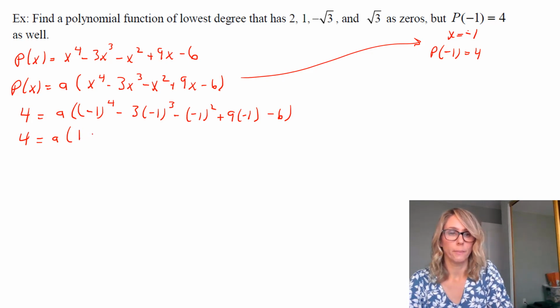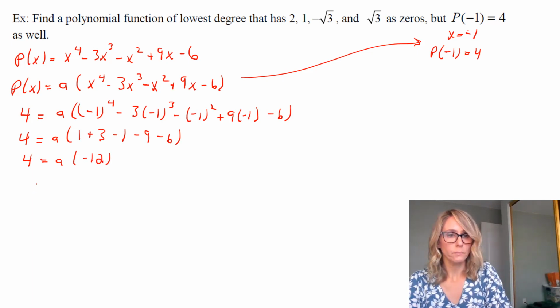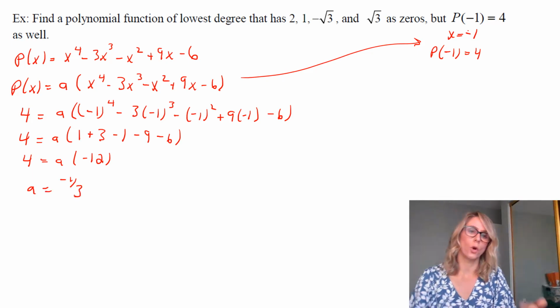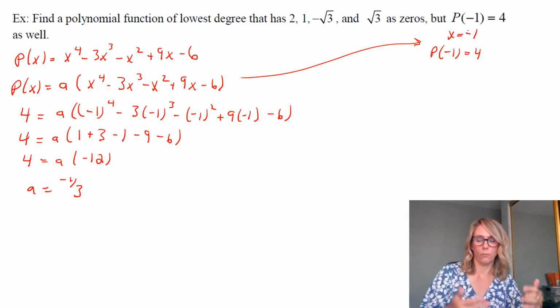So 1 minus 3, oh, it's going to be a +3 because of negative, negative. And then -1, -9, -6. And when we add and subtract that, it looks like we are going to have a -12. So we're dividing both sides by -12. 4 divided by -12 is -1/3.